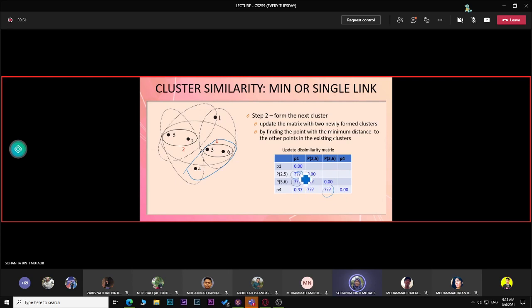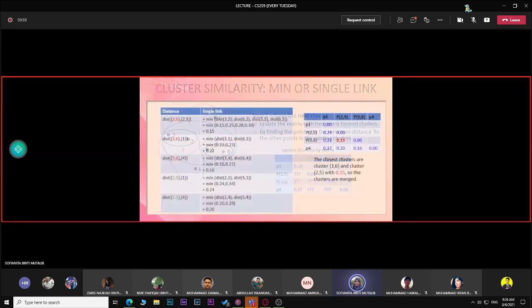Macam mana kita nak, how we want to get the new distance of this cluster. So we have to look at one by one. For example, here, saya tak ikut sequence. Easiest is to look at it by sequence, which means here, how we get 0.24.